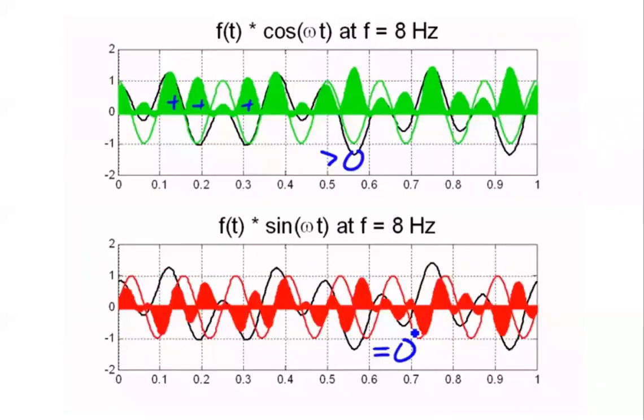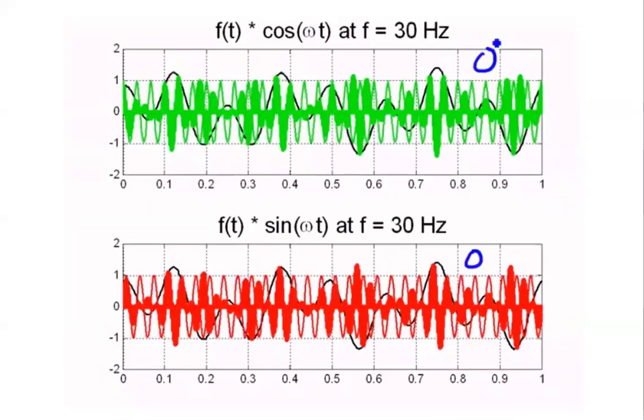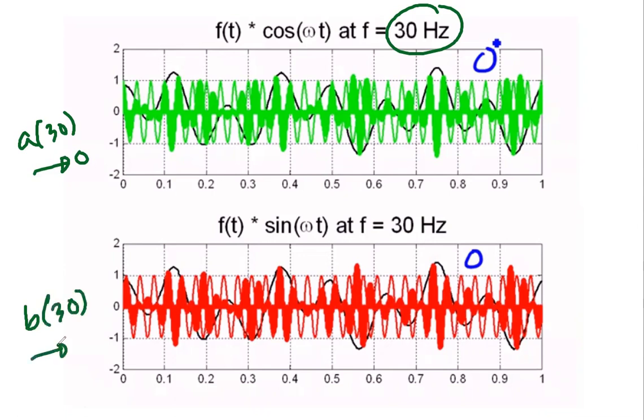Now we have tried it for 8 hertz. Now if you try it for 30 hertz, what is our expectation? The expectation A30 should be very close to 0. What is our expectation in B30? Very close to 0. Of course, very close to 0, and eventually that is 0.